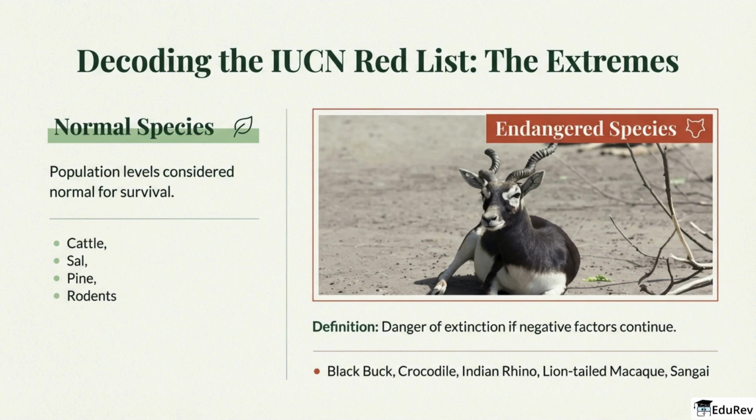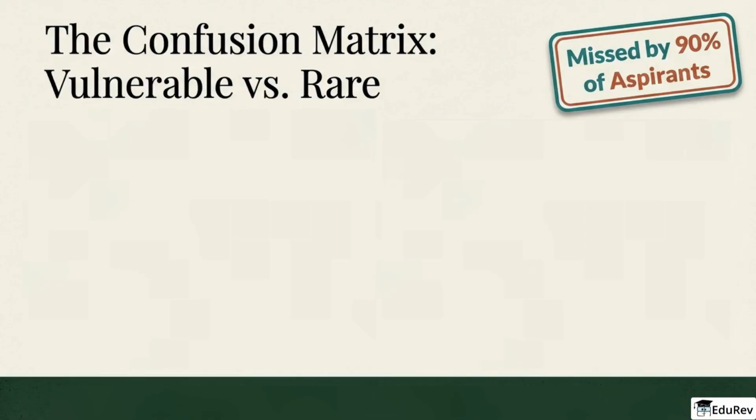This is where most students make the first mistake. They think endangered means already almost gone. Not exactly. Endangered means extinction risk has become serious, but the species is still surviving and can still recover with strong protection.